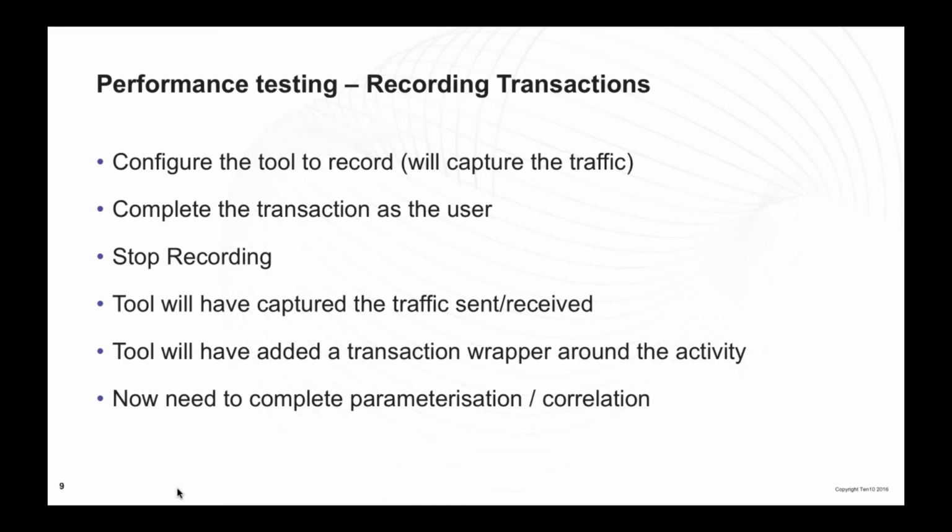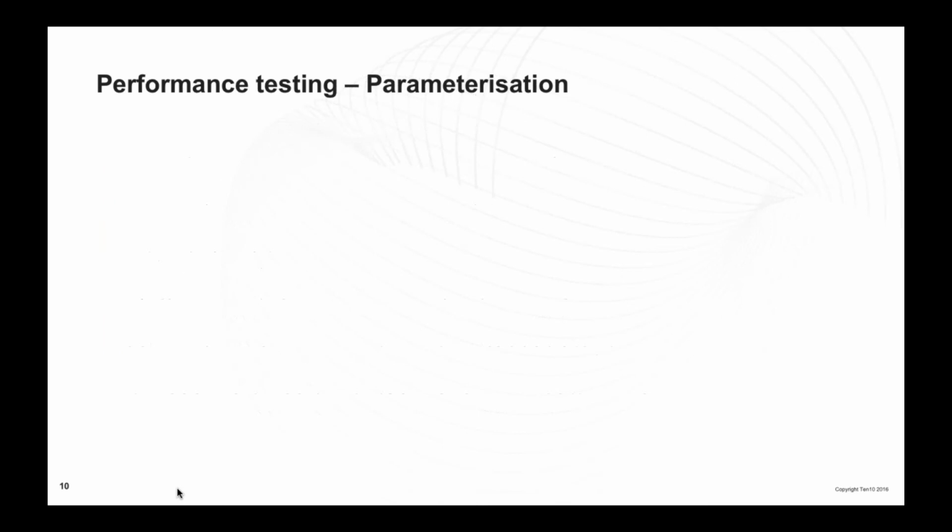There are two separate activities we need to perform in order to do this, parameterization and correlation. So what is parameterization? Well, what we need to do is to override the parameters in the recorded message, in the login case, username and password, and make these configurable. If we do this, then at runtime, we're able to inject values into those messages under our control.